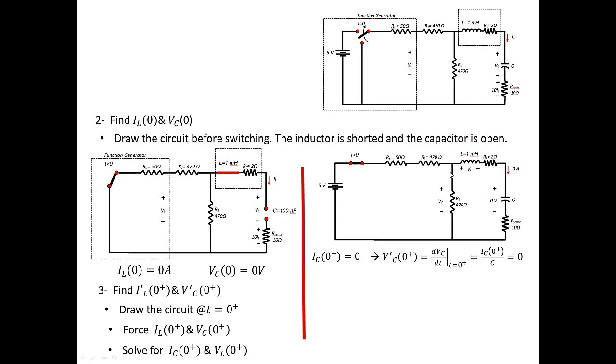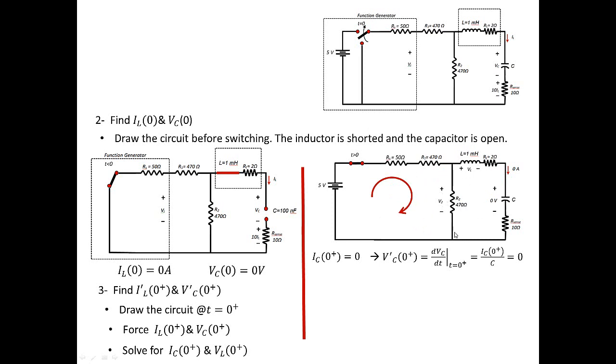Also, the second trick is that since the current through the inductor is 0 at t equals 0 plus, the current will circulate within this loop. That means those resistors are basically in series, right? Because the current that goes through the 50 ohm resistor is the same as the current through R1. Since the inductor's current is 0, all of that will go through V2. So we know that V2 equals VL.